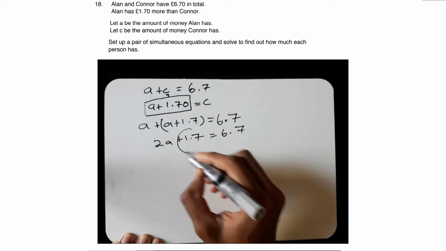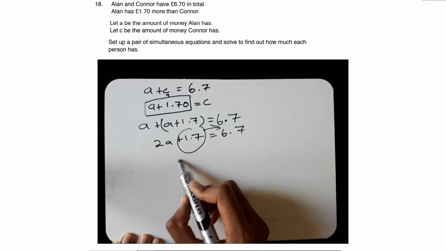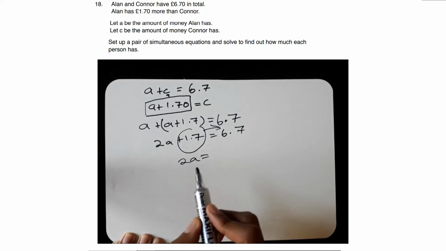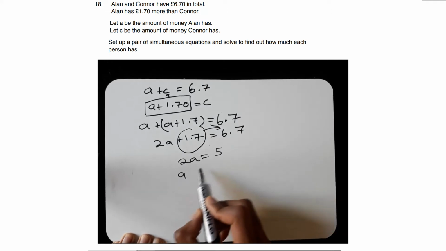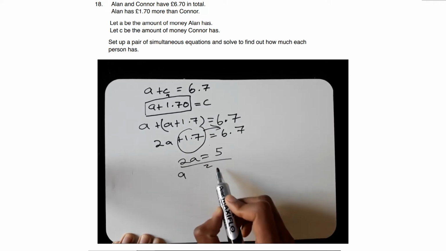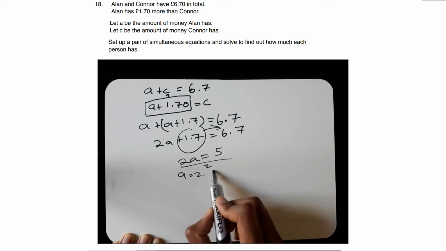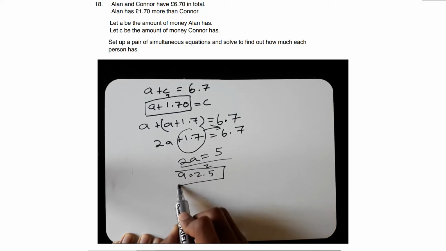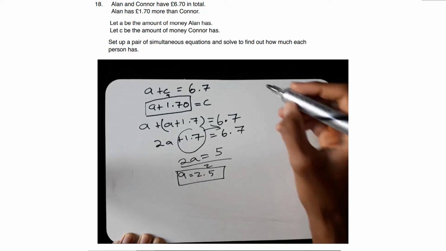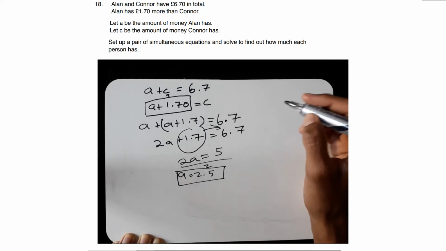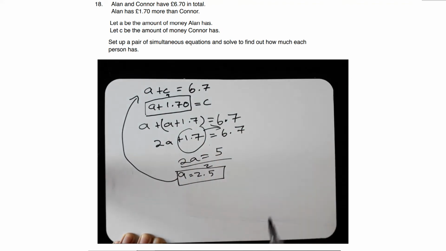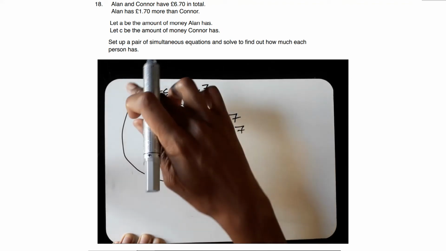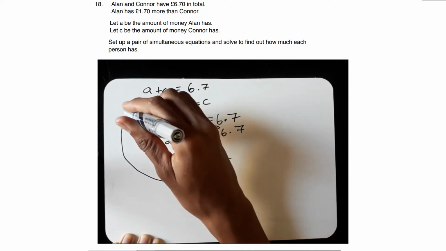Alright, so we're going to take this 1.7 to the other side. It's going to be 2A will give us 5. So if you divide this by 2, A will give us 2.5. That's our A. And then moving on, we're going to plug in that A on the second equation, much easier.